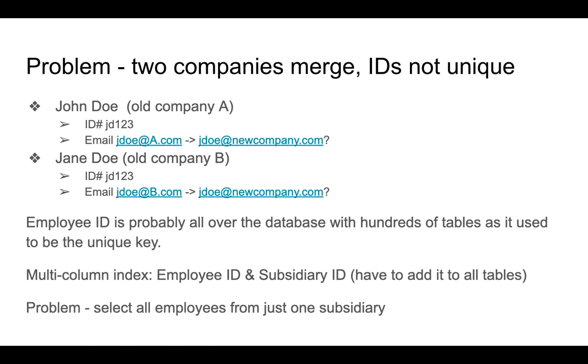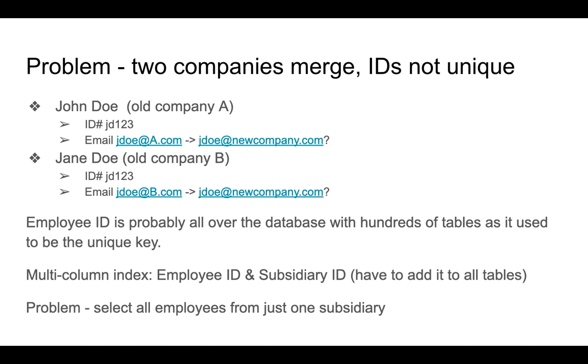Especially since the old employee ID is probably literally in dozens, if not hundreds, of tables, because it used to be the unique key, right? So if this employee has payroll and vacation and benefits and time off, and their daily card swiping and all this stuff is going to go off their ID, how do you combine these two IDs?